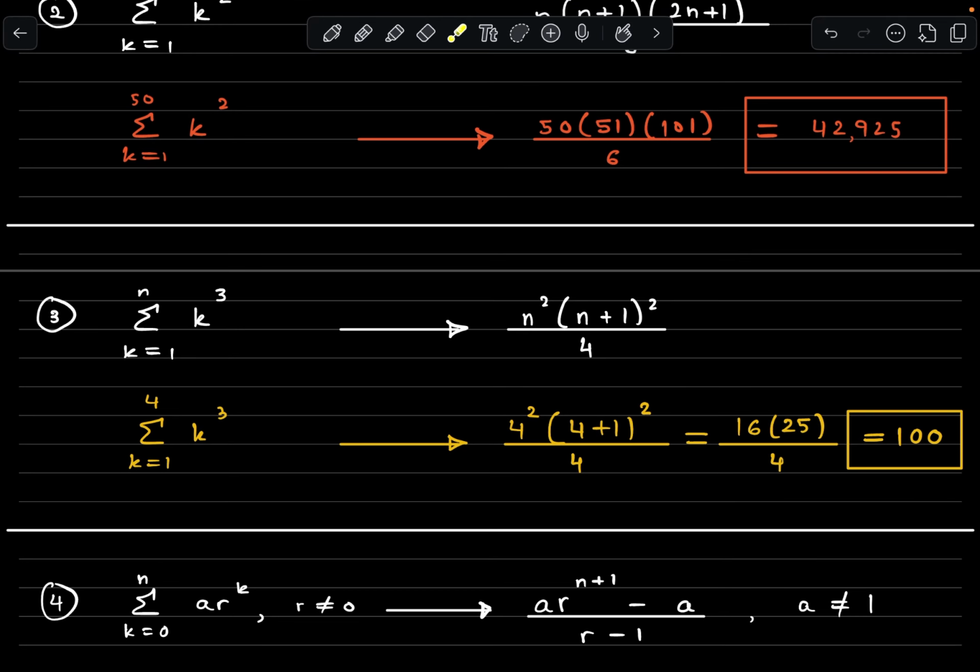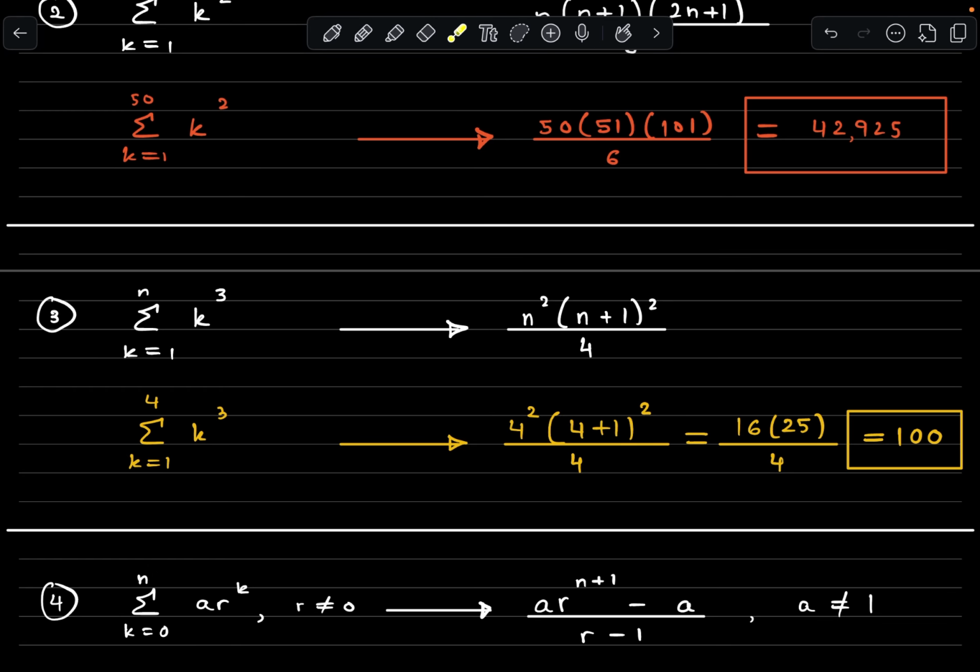All right. And then lastly, we've got what is alternatively known as the geometric series or geometric summation. This is a sum from k equals 0 to n of a times r to the k power. R here cannot be 0.